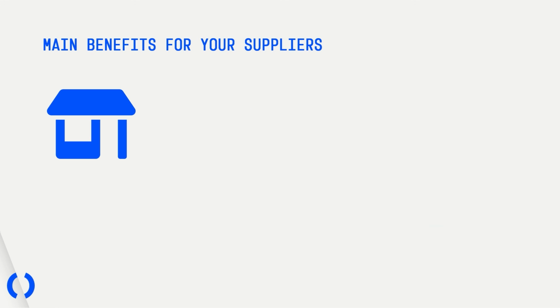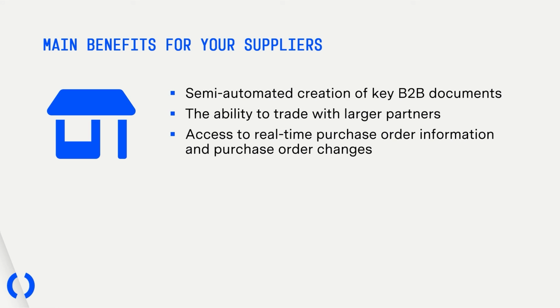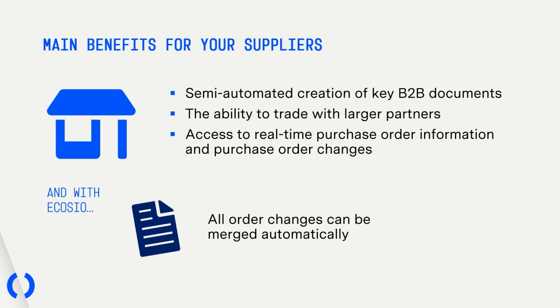For suppliers, the benefits of Web EDI include semi-automated creation of key B2B documents, the ability to trade with larger partners, and access to real-time purchase order information and purchase order changes. In Ecosio's system, all order changes can also be merged automatically.